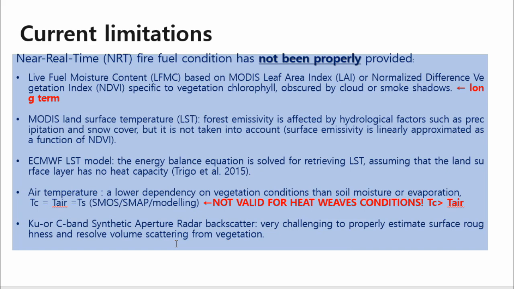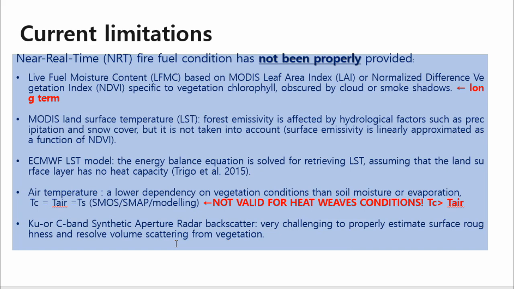Air temperature is measured 2 meters above the vegetation. So although it is often assumed to be equal to the soil temperature or canopy temperature, air temperature has, I would say, quite different characteristics from the land surface, especially vegetation.